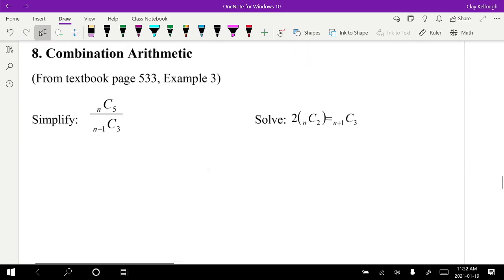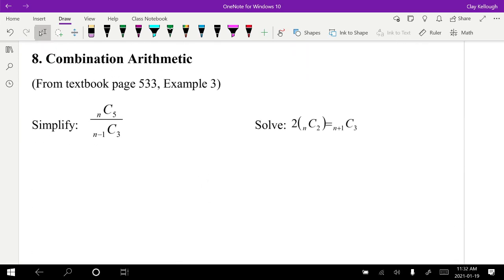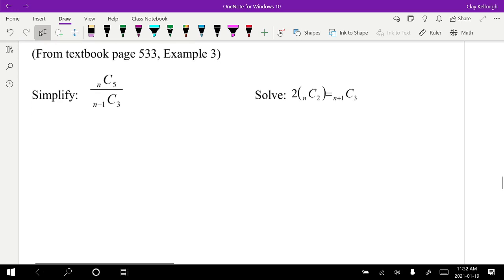let's move on to algebra. Just like permutations, you can do algebra with combinations. First example here is, can you simplify n choose 5 over n minus 1 choose 3? All right, well, I'm going to have to write small here. This is going to take up a lot of room.